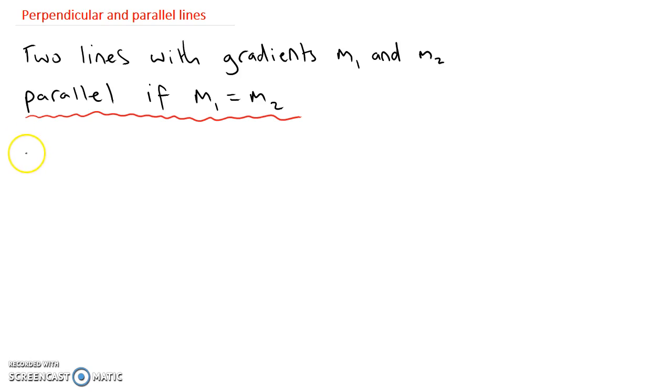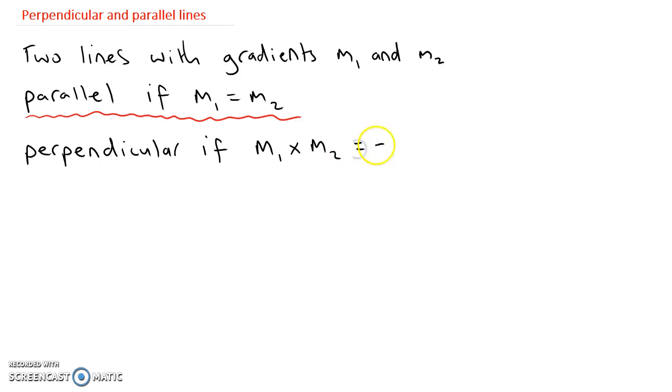Now, if they're perpendicular, their gradients will satisfy the rule m1, so the gradient of the first line, multiplied by the gradient of the second line equals -1.